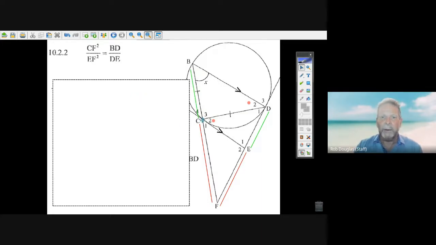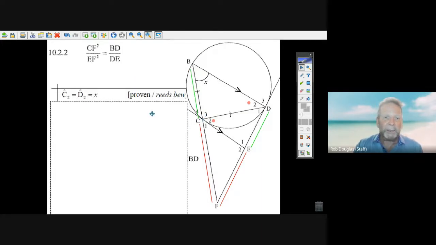You can try it here. You can notice that C2 and D2, we did in the last questions, equals X. These two angles are equal. Hey, that makes these two lines parallel. And if we have parallel lines cutting across this big triangle here, we can use the proportionality theorem.